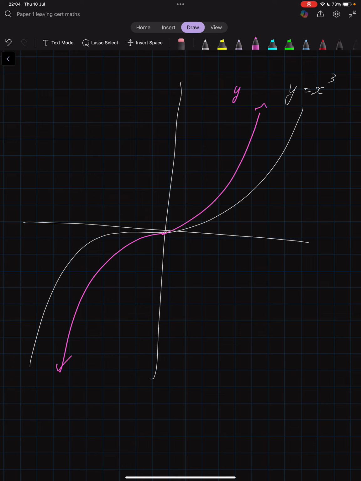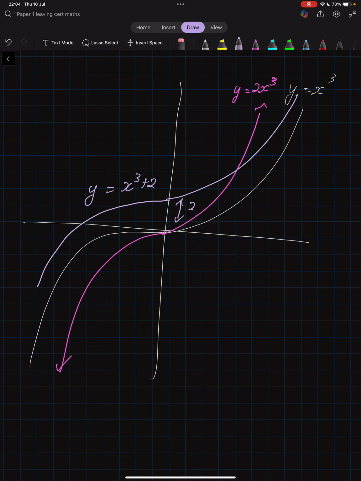So that's y equals 2x cubed, sorry. And if you add stuff to it, it'll just be moved up like this. That would be y equals x cubed plus 2. Again, where this distance is just 2.